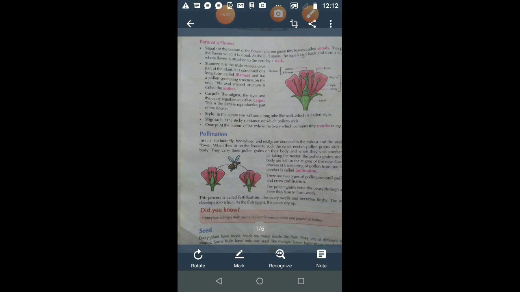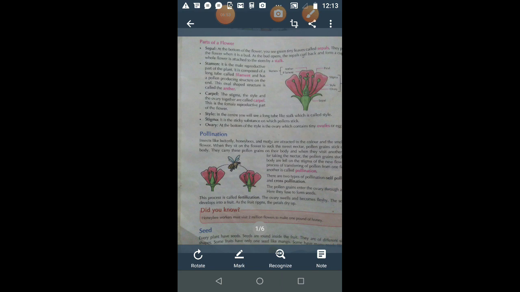Then draw the picture of a stamen. Stamen is what? Male reproductive part. And what are the two parts of a stamen? Filament and anther. What is the role of filament? Write it. What is anther? Just as an example, inside the anther, the male reproductive gametes, that is pollen grains, are present. In this manner you do the study.